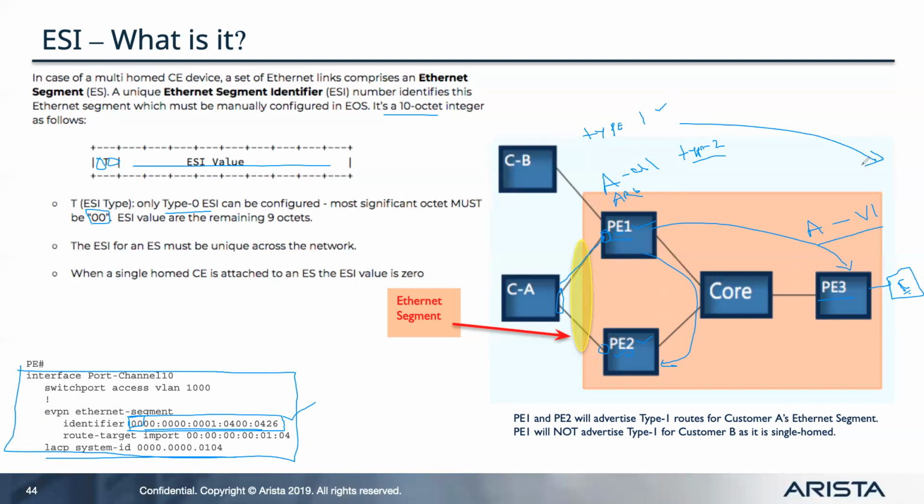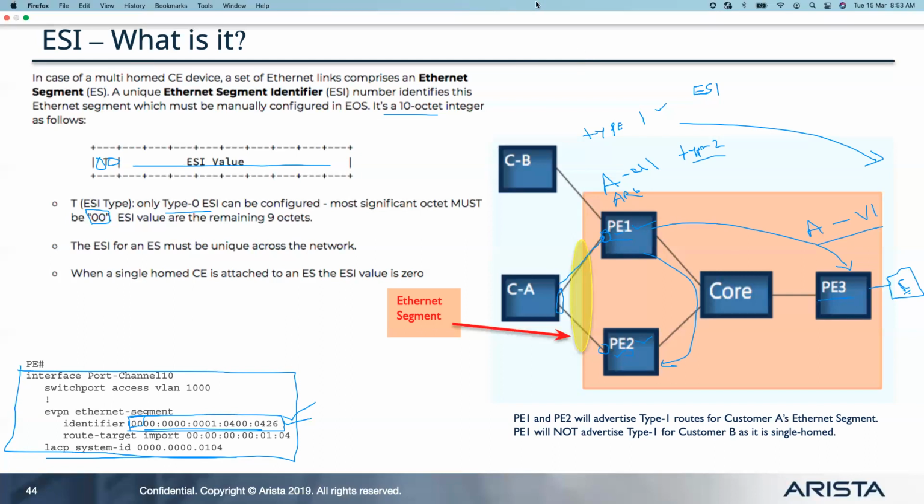What information will be in the type 1 route? It will say, hey, I am part of this Ethernet segment identifier, ESI. I belong to this Ethernet segment. And then it will also send out other information.